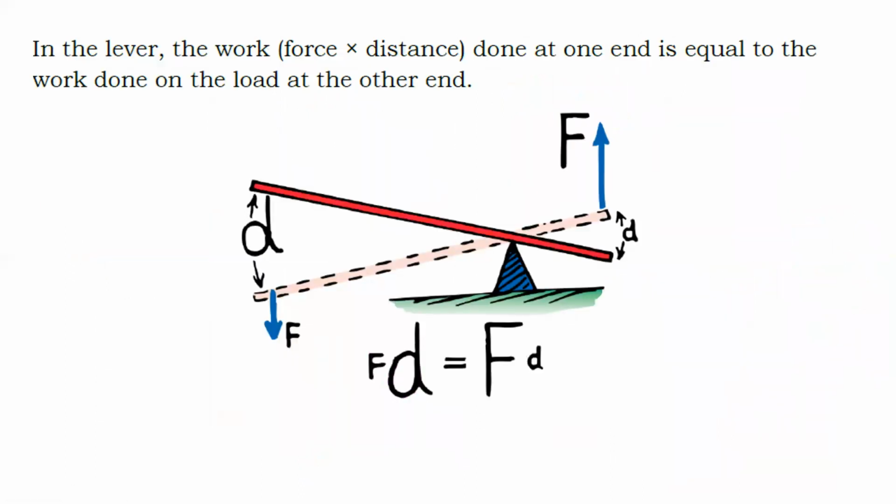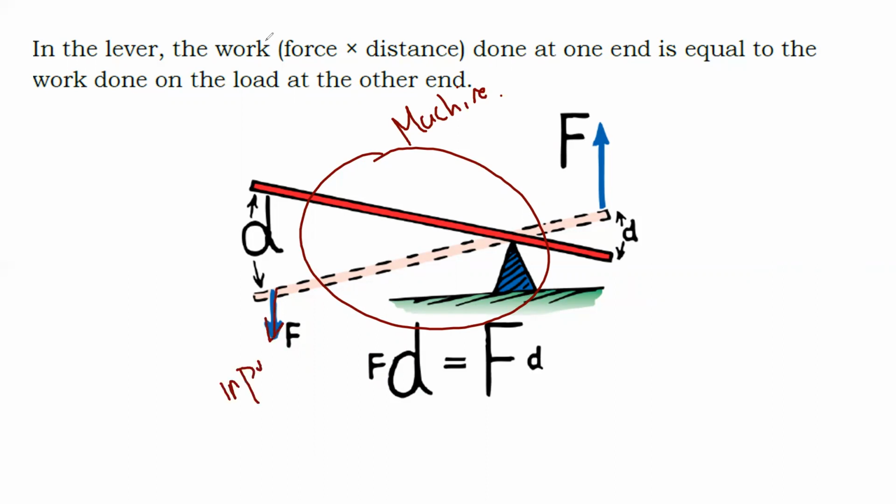Now, here, as you see, this is the lever. And as we know, the work is the force times distance. This is a lever, this is a machine. In the machine, there's a work input and there's a work output. To find the work input, you apply a force downward. So this is the input. You apply a small amount of force with a greater distance.